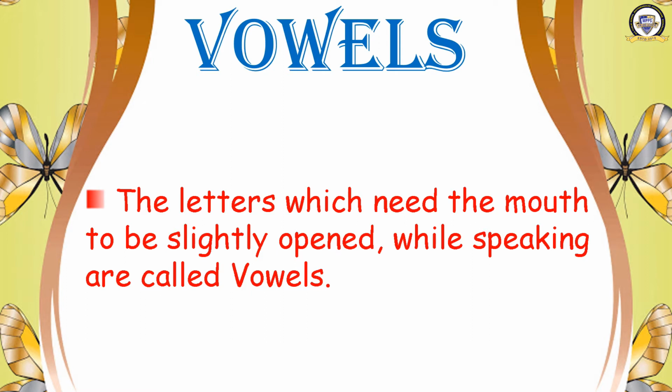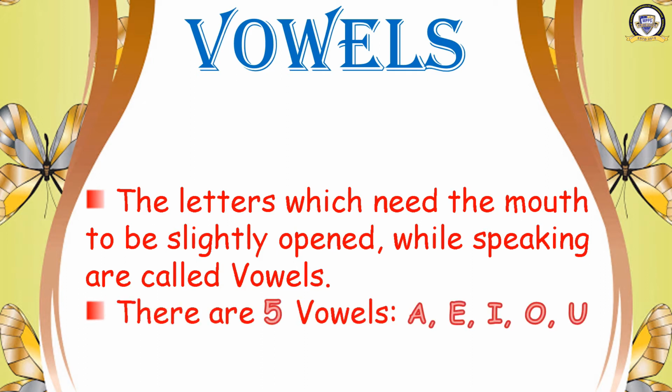When we speak, we open our mouth slightly, only a little bit, like A, E. In this way, when we have to open our mouth slightly, then that letter is called a vowel.